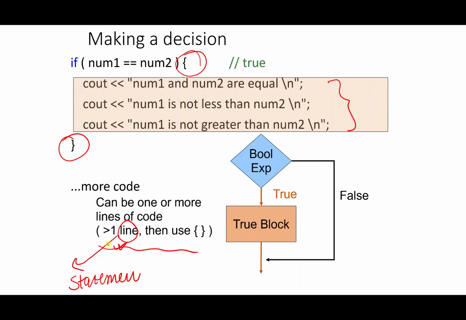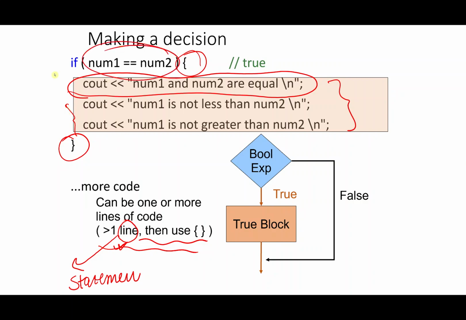So if it's greater than one statement, then use curly braces. Otherwise, it's just going to take this one as the true block, and the others are going to be executed anyway, regardless of the evaluation of this Boolean expression.